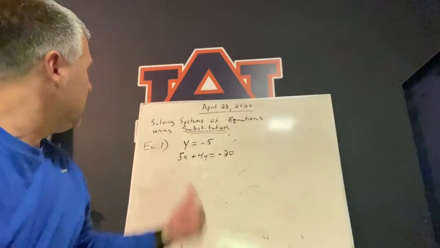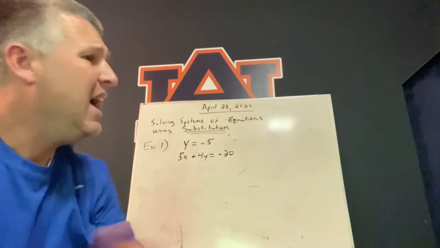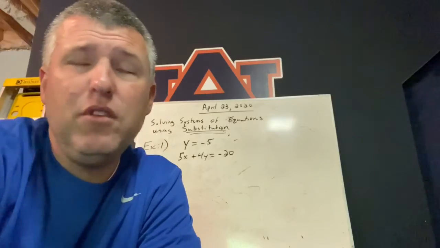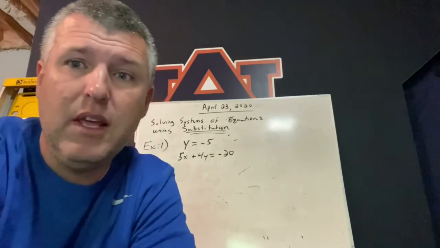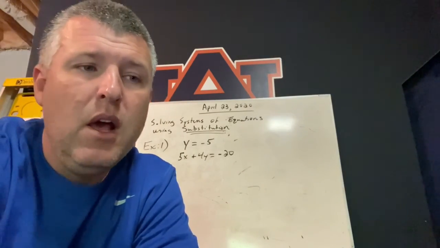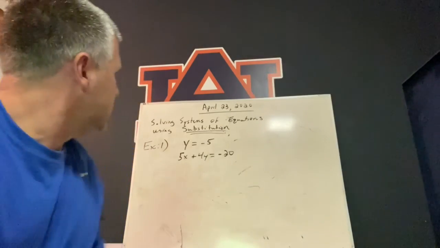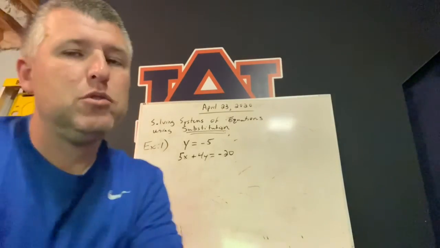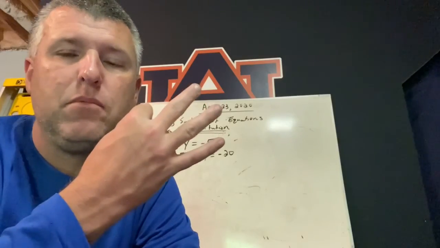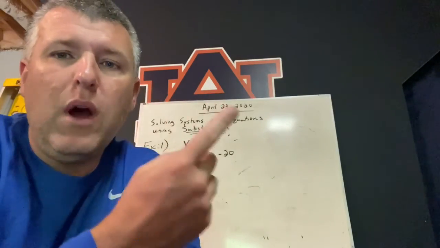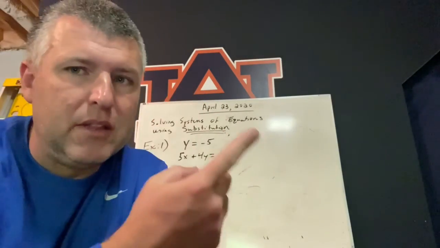So I'm going to look at 2 examples today, and I'll probably just give you 2 example problems on the assignment, okay? Today we're going to do solving systems of equations, and there are 3 ways to do those. One way is by graphing. We're not going to worry about graphing right now.